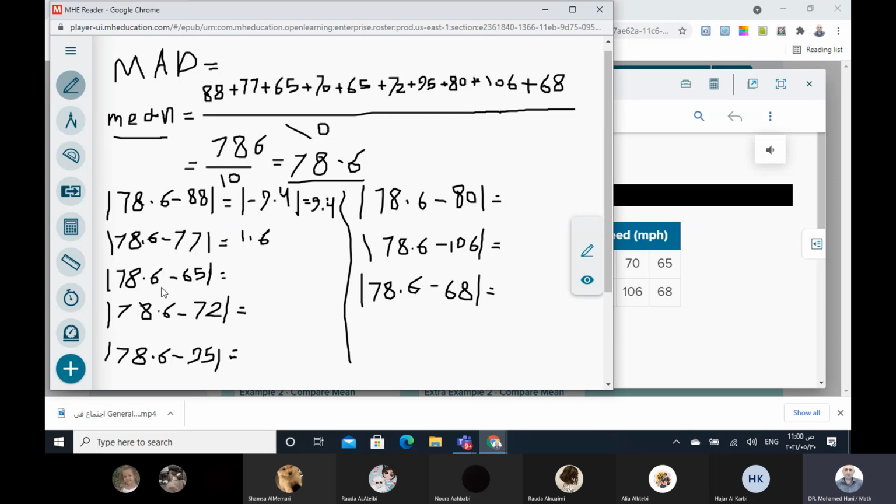And here 78.6 minus 65 will be 13.6. And here 78.6 minus 72 will be 6.6.